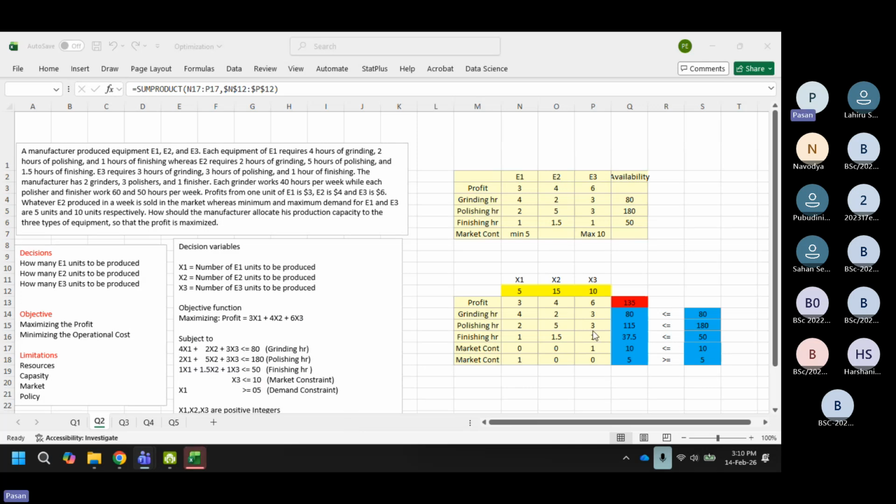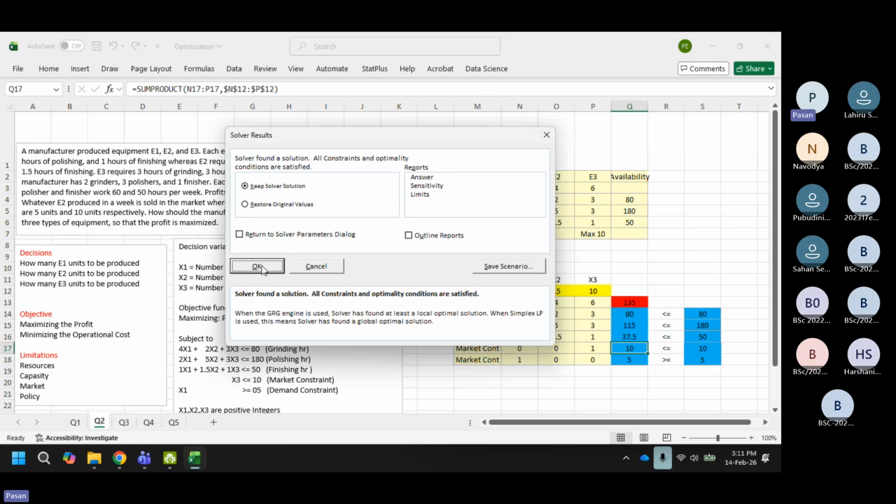It's already giving me the values as 5, 15, and 10, right? So that means in general we don't need to worry too much about putting them as integers, but practically they can have decimal numbers here as well. Let me just try to change one of these.